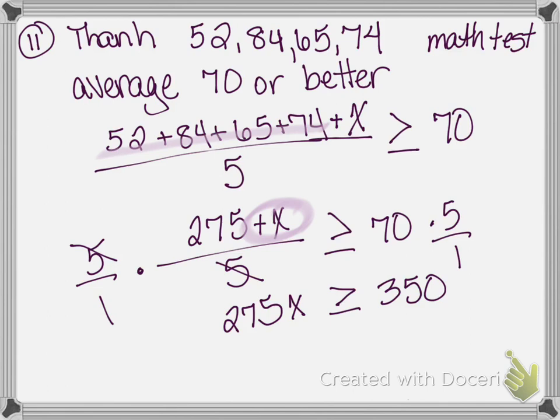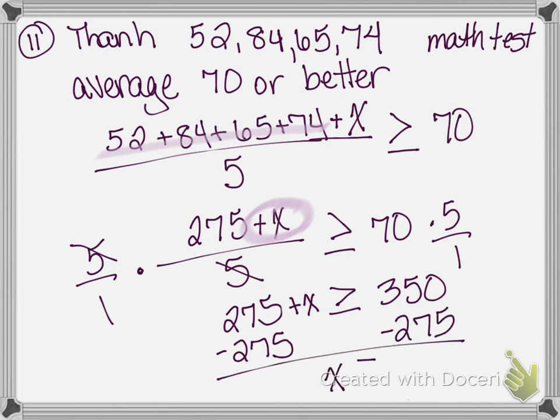When you add all that together and you multiply both sides by 5, it's still plus x. It's not times x. Okay? So I'm not sure what's happening there. Students get confused. We're still adding that 5th score to it. So what I do is I subtract 275.